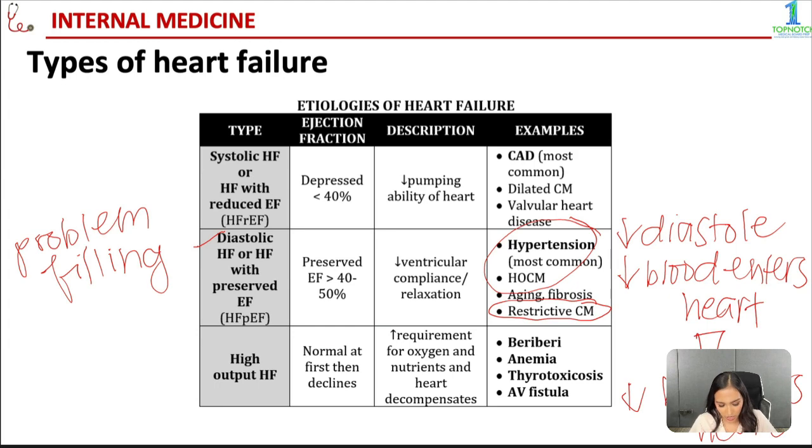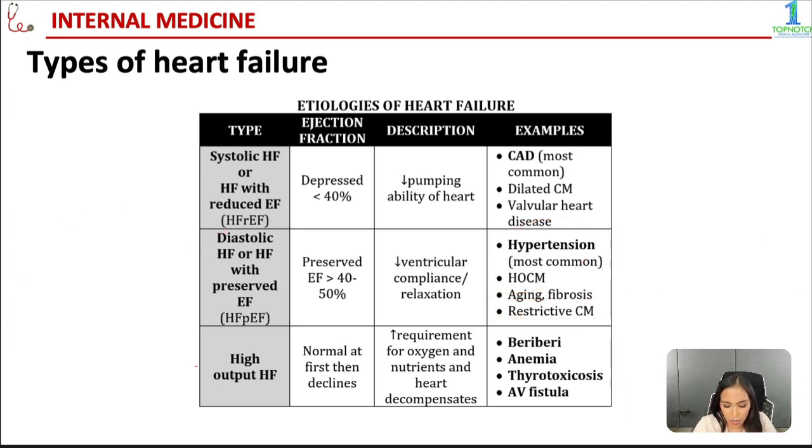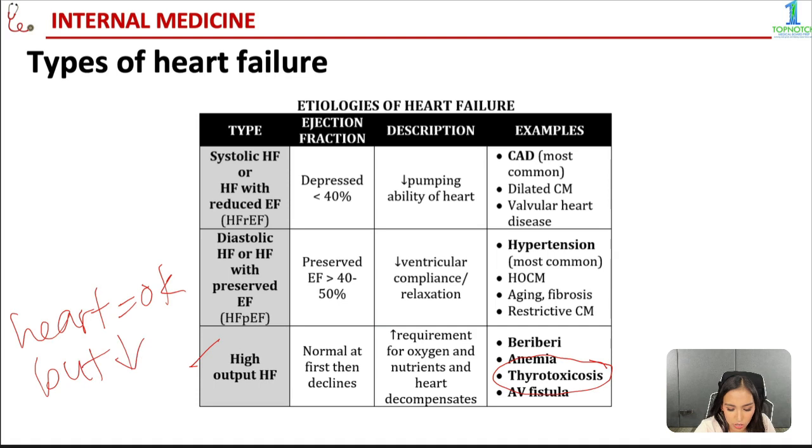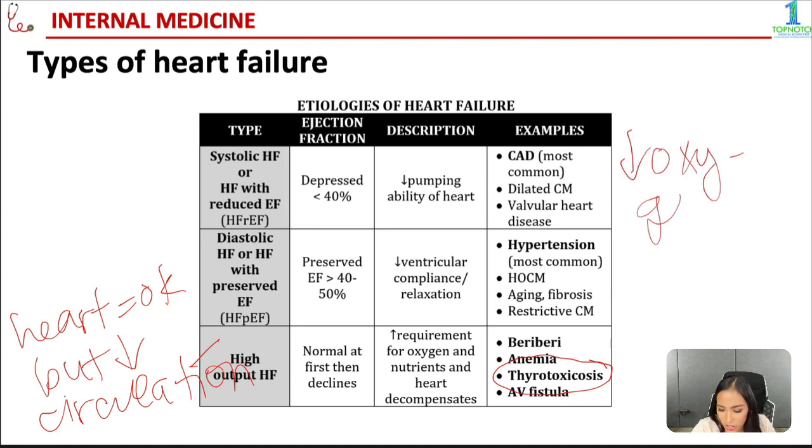Okay? Let's go to the last one, high output heart failure. Usually, it's thyrotoxicosis and anemia. So, the heart is okay, but there's low circulation, low oxygenation.